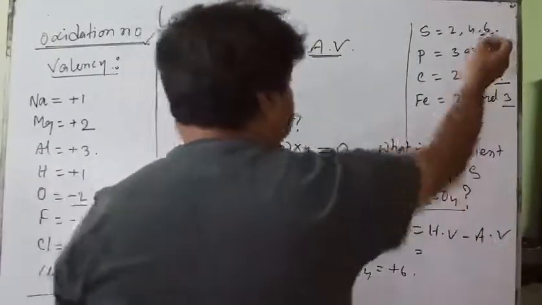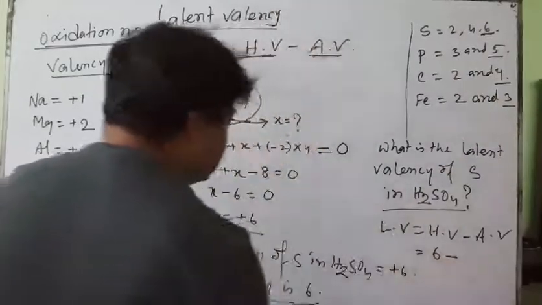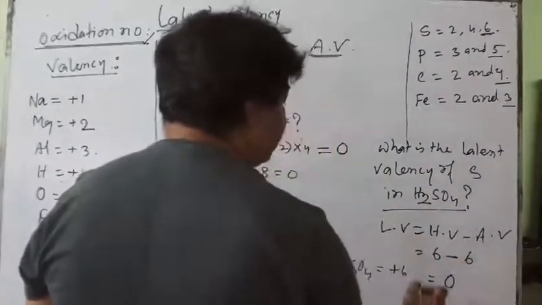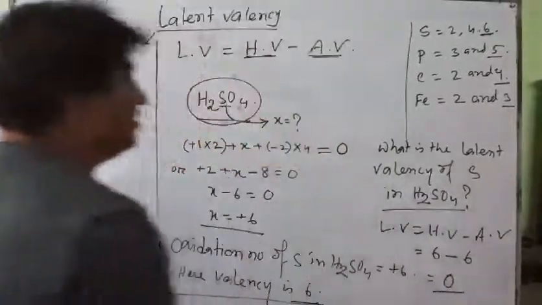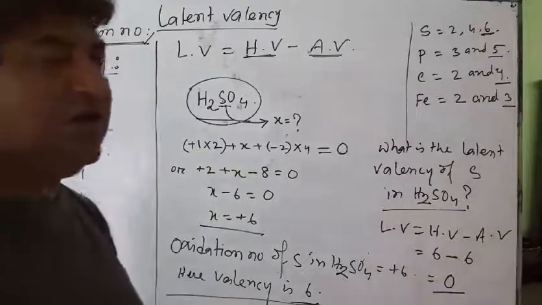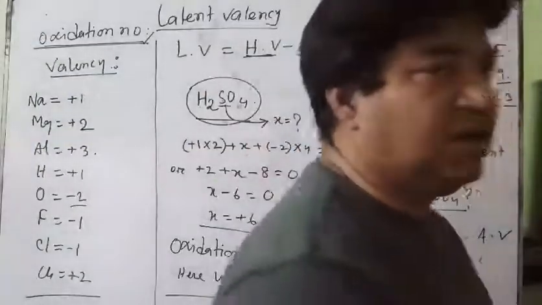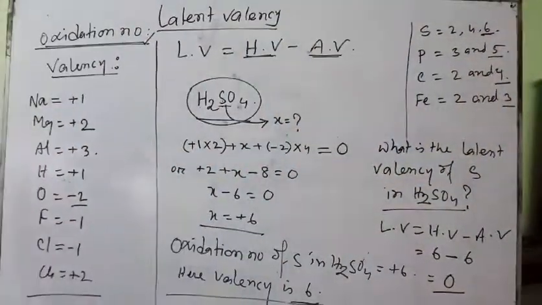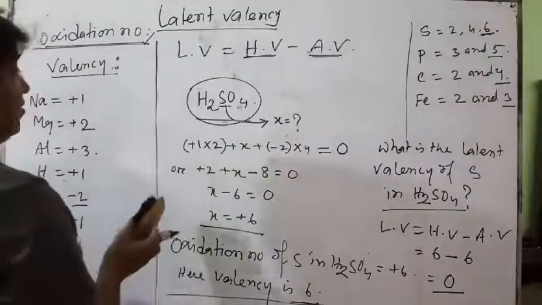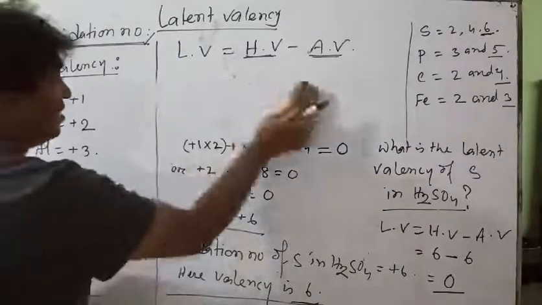Highest valency is 6 and active valency is also 6. So the latent valency of sulfur in sulfuric acid is 0. Similarly, for any element in any compound, we can find out the latent valency of the element in that compound.